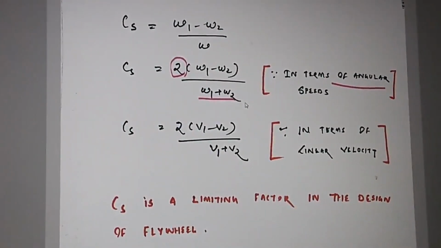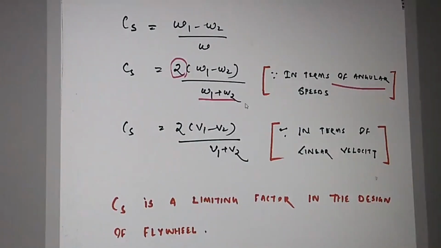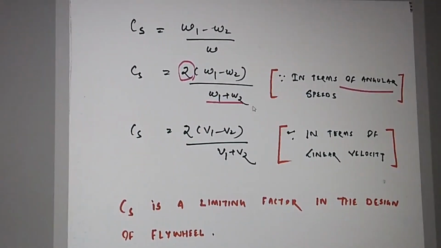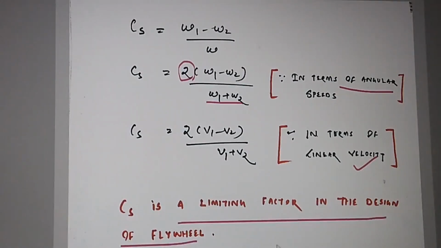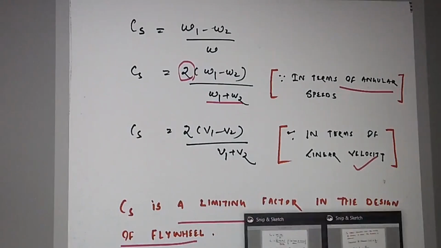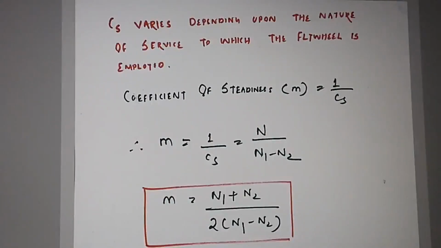And in terms of linear velocity, Cs is equal to 2 into (v1 minus v2) divided by (v1 plus v2). So there are three forms: in terms of speed of revolution, angular velocity, and linear velocity. Cs is a limiting factor for the design of the flywheel. It is very important for the design of the flywheel.